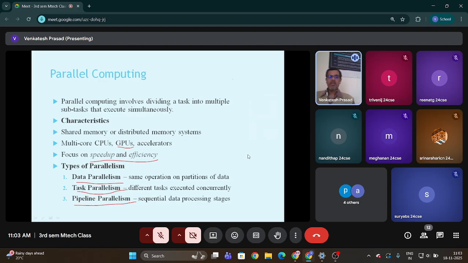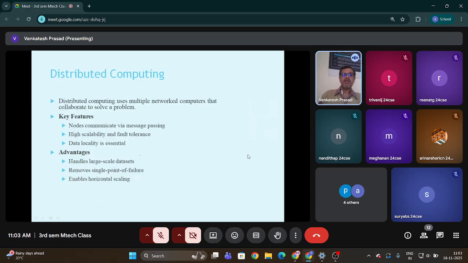So that is the pipeline parallelism. So we have a requirement to parallelize various activities: data, tasks, and pipeline. That's why parallel computing is extremely important, and it is in demand also.